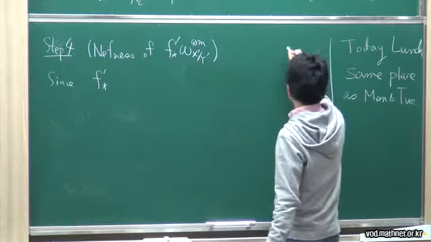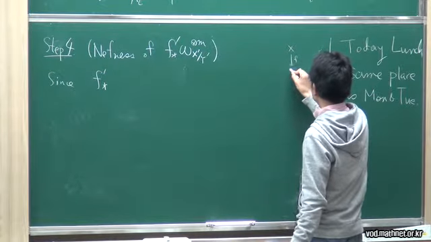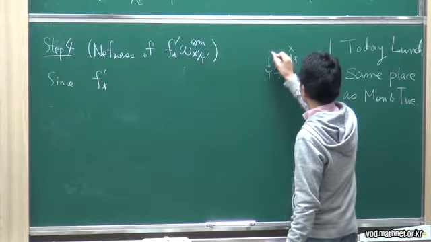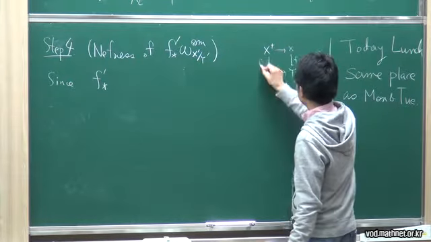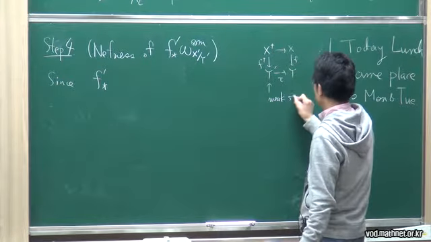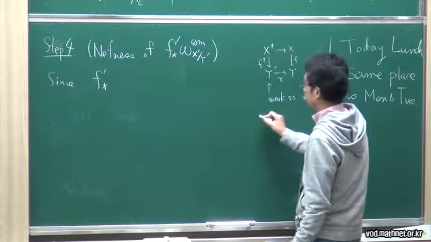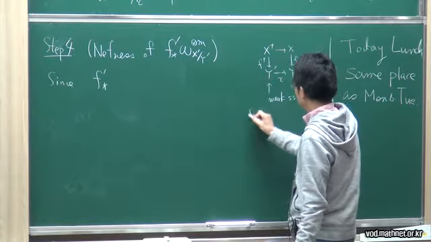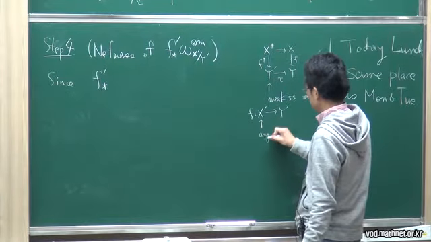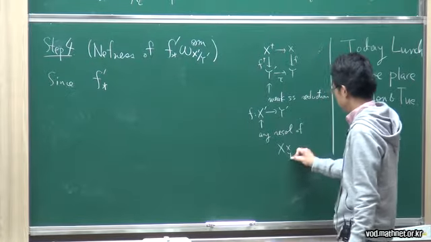Let us recall the notation. This is a given one, and this is a weak semi-stable reduction, weak SS reduction, and f prime from X prime to Y prime is any resolution of the base change.